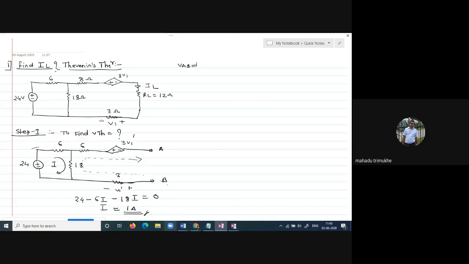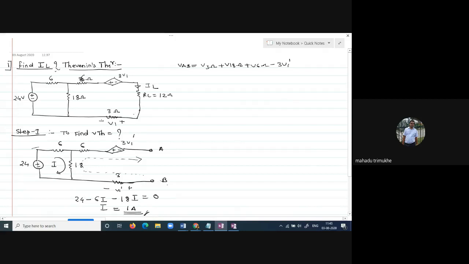Then now we have to find out the voltage across point A and B. If you start from the 3 ohm resistor over here, that is V3 ohm plus V18 ohm plus V6 ohm minus the V1 dash.